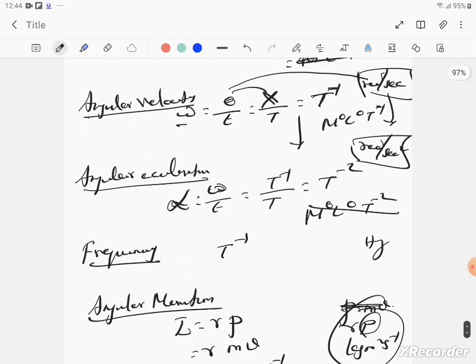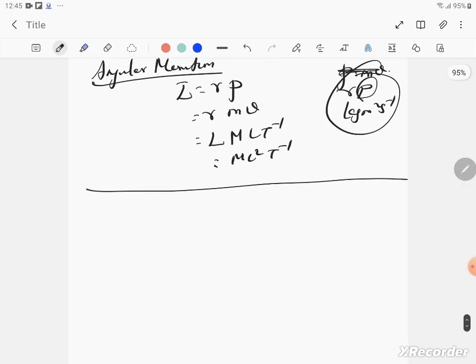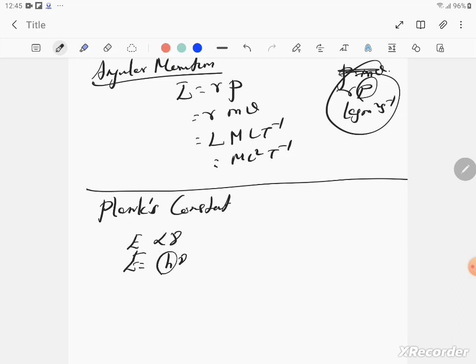Okay, I'll also teach you what Planck's constant is. Energy is directly proportional to the frequency of the incident radiation, and energy therefore is equal to h mu, where h is known as Planck's constant, and h can be written as E by mu.